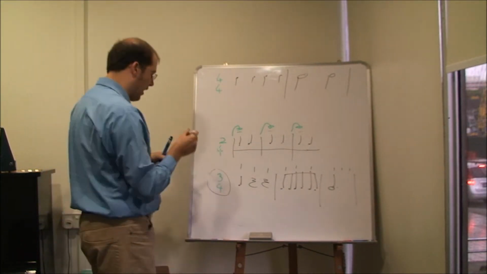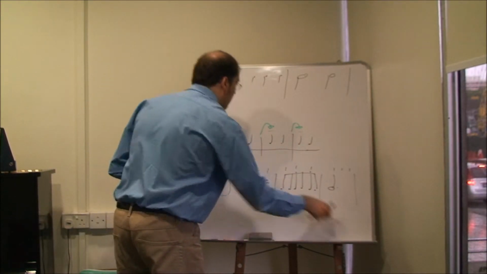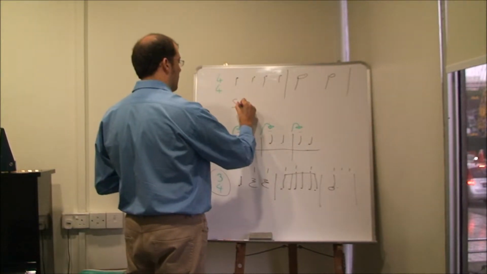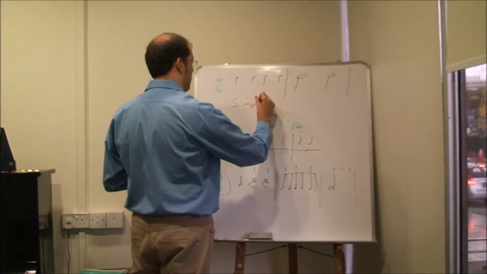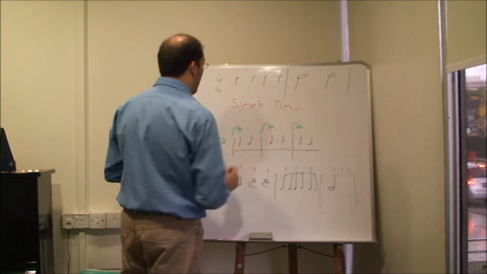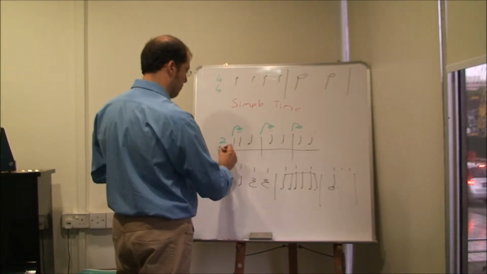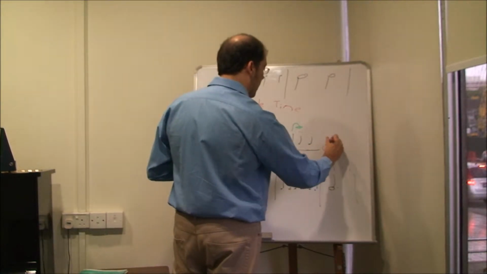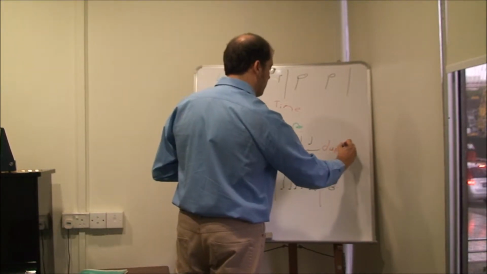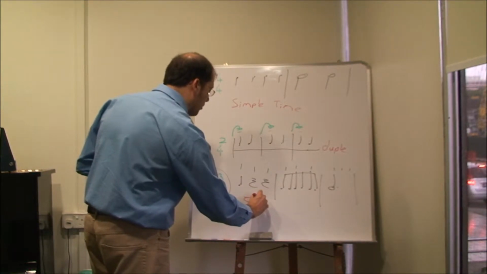So these basic time signatures are called simple time. And for each one of them, there's a specific name. 2 is called duple. 3 is called triple.